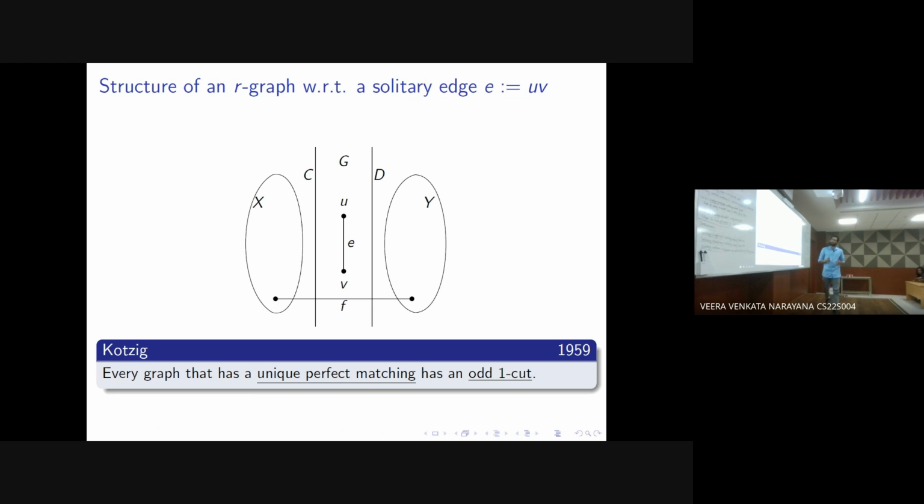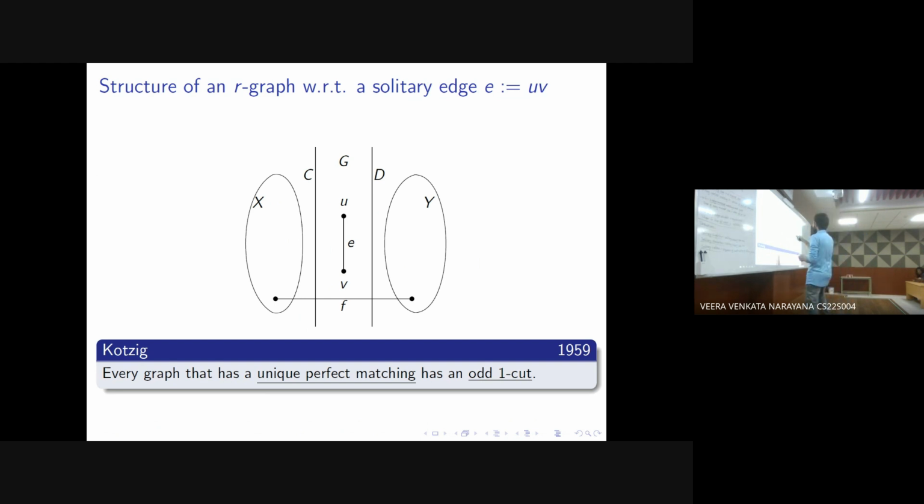Let's recall the definition of an r-graph: the size of each odd cut is at least r. By this result, this is an odd set and this is also an odd set. So the cut corresponding to X is at least r, and the cut ∂(X) is odd and ∂(Y) is also odd, I mean at least r.